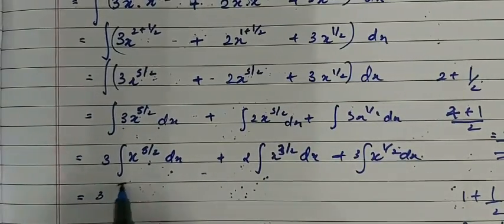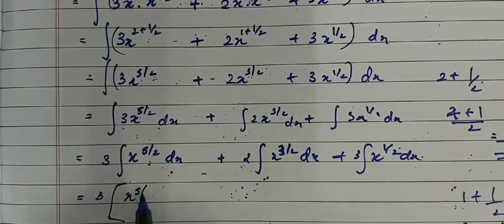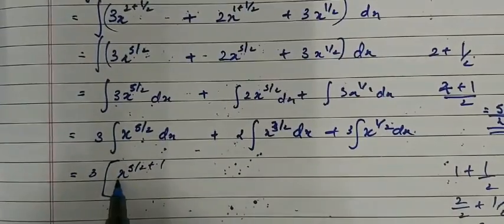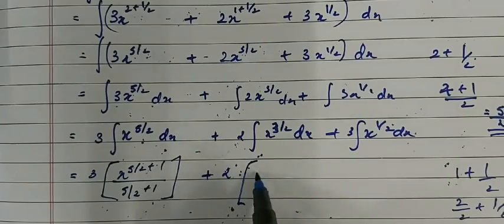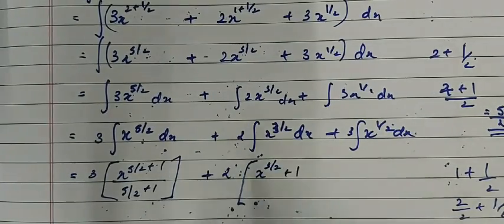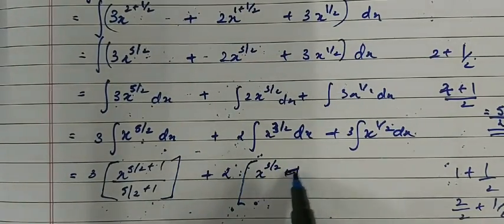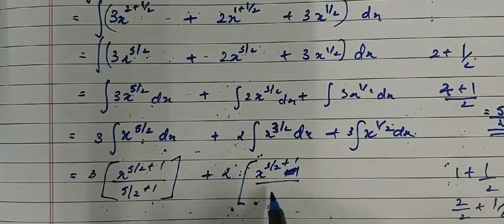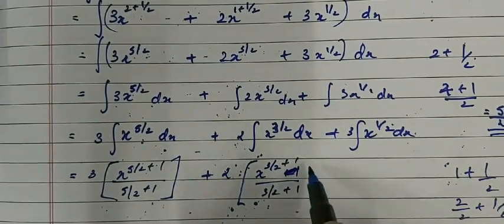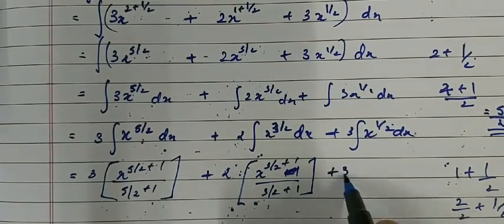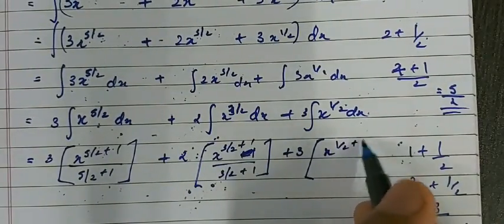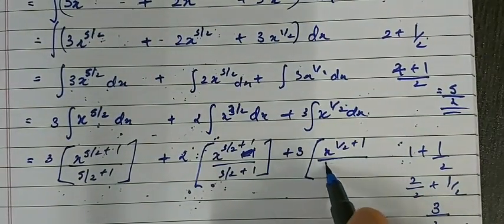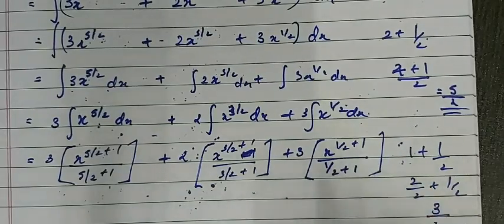So we can write it as x raised to 5/2 plus 1 over 5/2 plus 1, plus 2 into x raised to 3/2 plus 1 over 3/2 plus 1, plus 3 into x raised to 1/2 plus 1 over 1/2 plus 1.